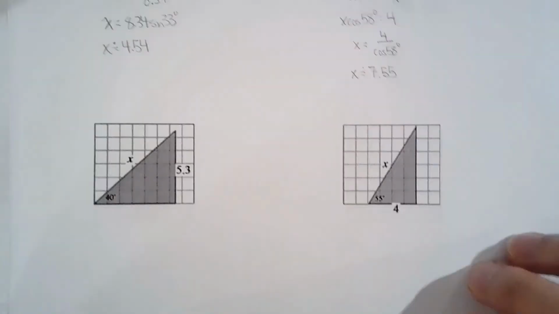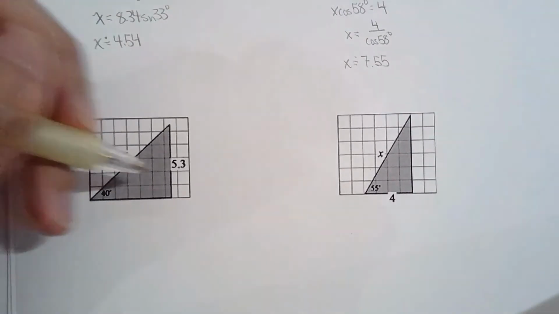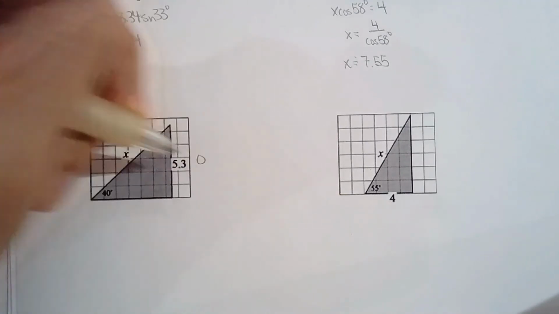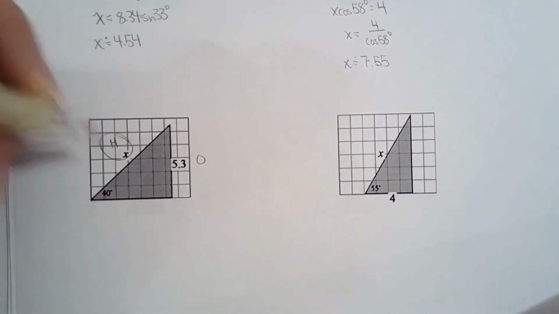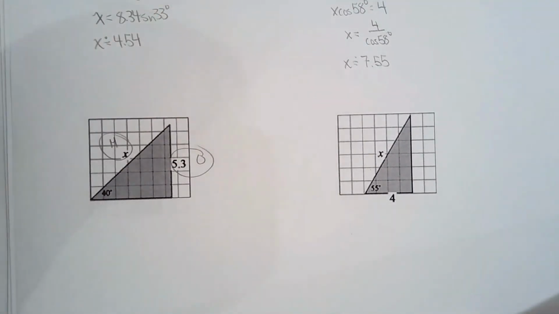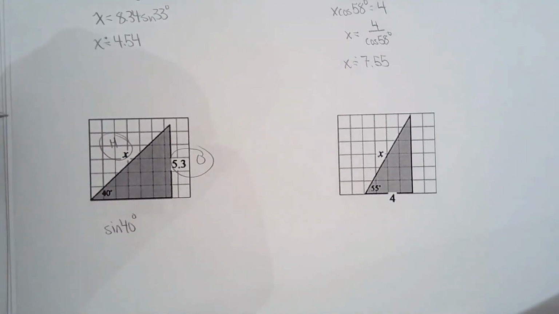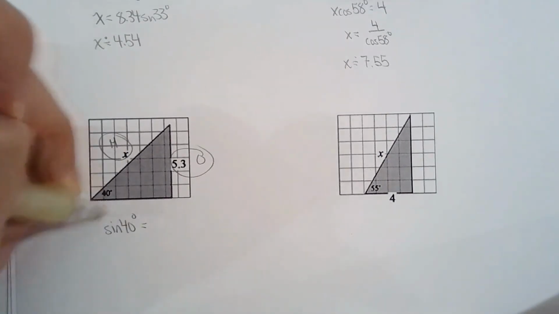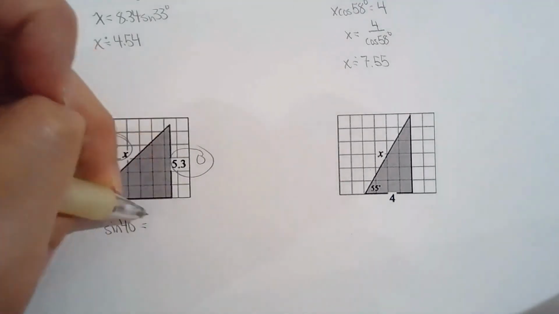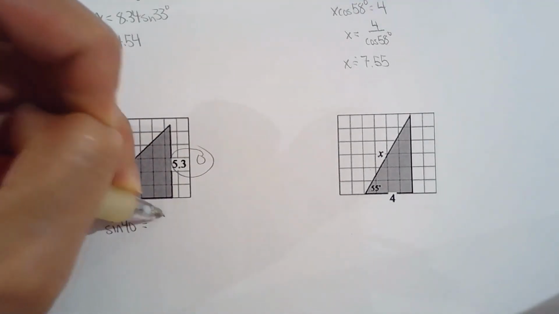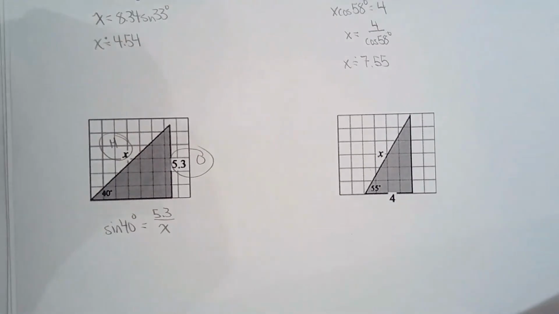Okay, let's take a look here. Label the sides: opposite, hypotenuse. I'm not going to label the side because I know what two sides are involved. O and H, SOHCAHTOA. So sine, hopefully you can agree with that. So sine 40 degrees, whatever that ratio is, the calculator is going to tell me, must be equal to 5.3 over x.